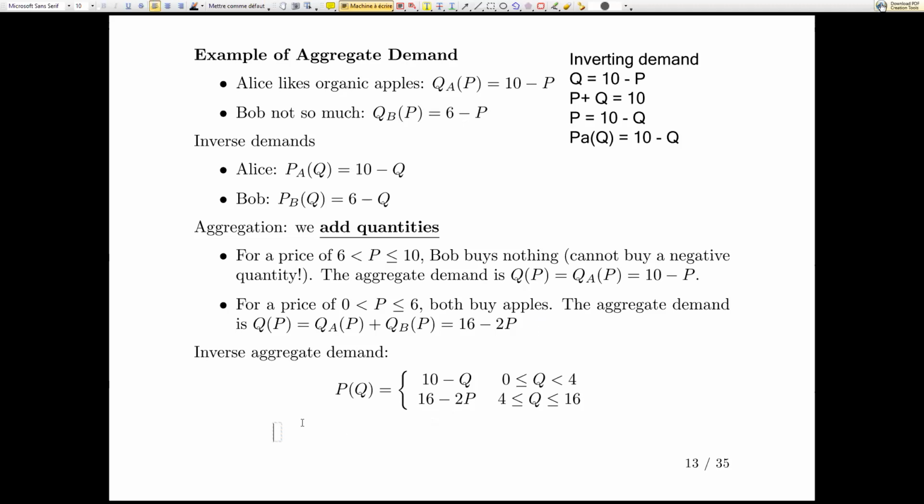So let's just do this together then. Q equals 16 minus 2P. So I have that 2P equals 16 minus Q, so P equals 8 minus Q divided by 2.